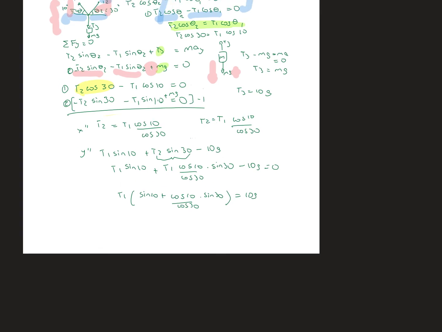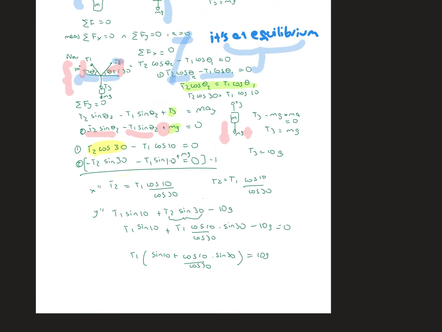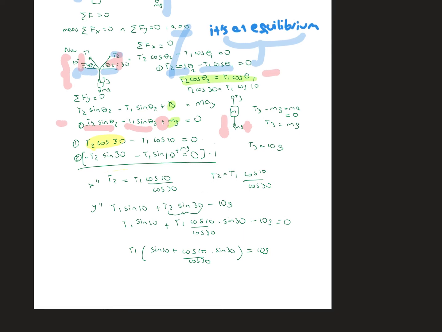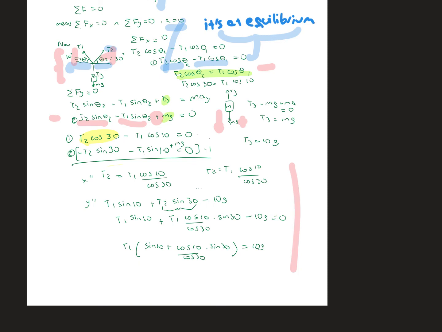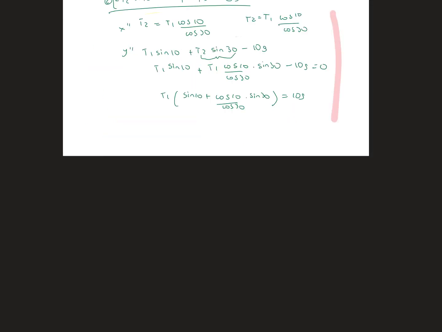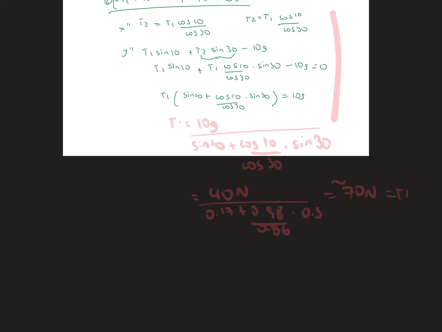Now we just add up the two equations that we have, one for the x direction and one for the y direction. We just add them up and we get the following right here. Lastly, we just solve for T1, and from here we can just put in the numbers.